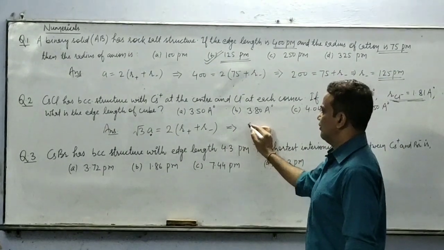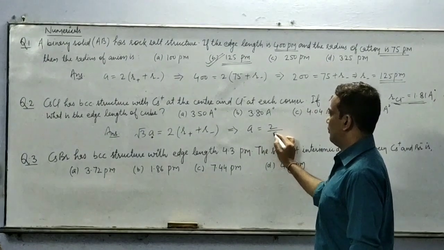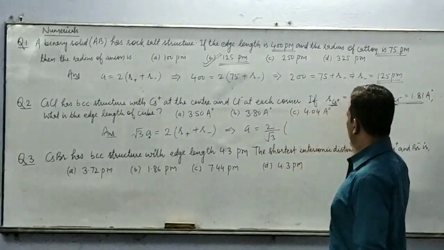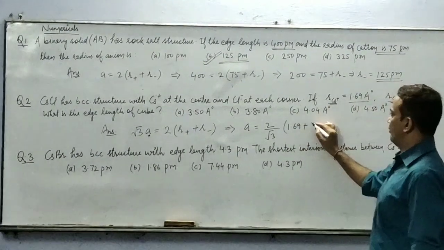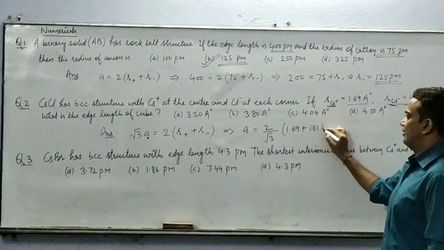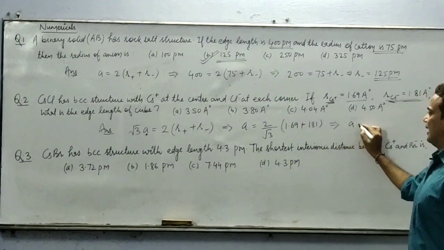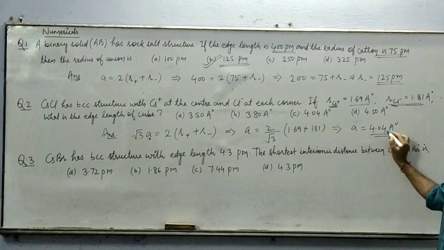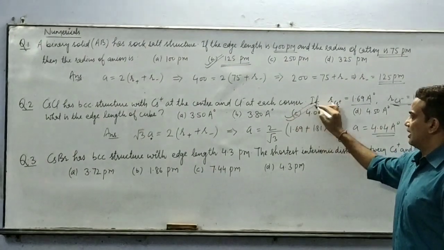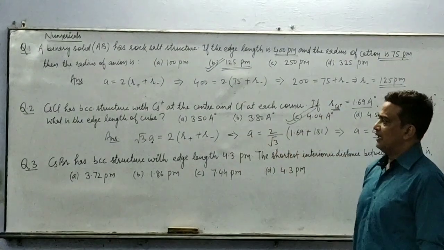So putting the value, a is equal to 2 upon root 3 into r positive 1.69 plus r negative 1.81. Solving this, you will get your answer. a is equal to 4.04 Angstrom. So students, you must learn the formulas.